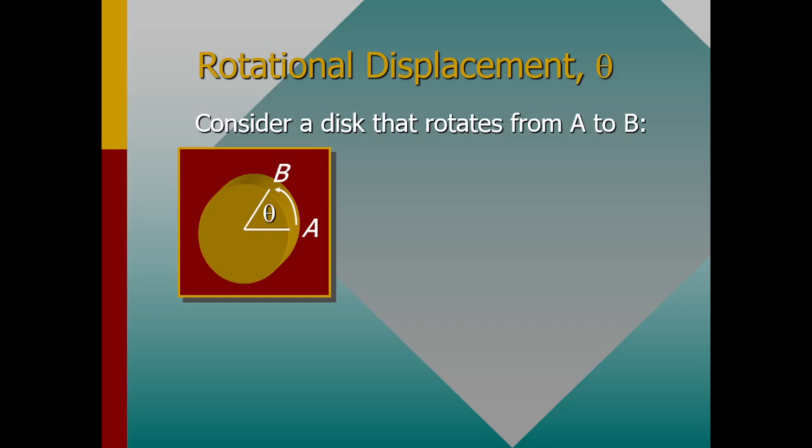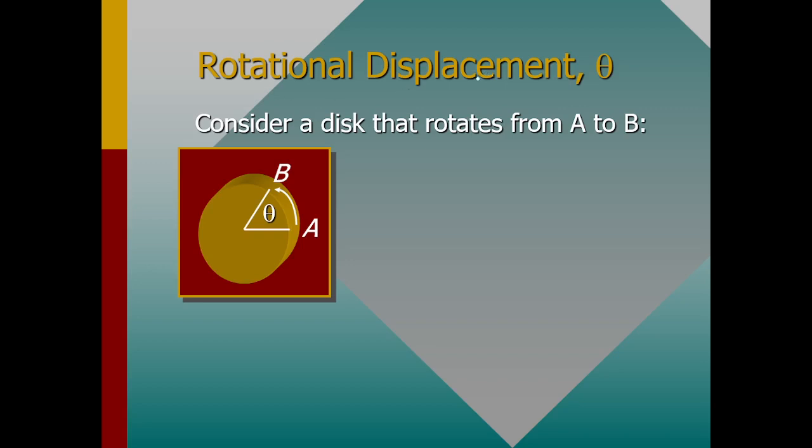In linear motion, it's called linear displacement, or something you can easily relate to, we are simply talking about the distance. Distance is a scalar quantity, whereas displacement is a vector quantity.